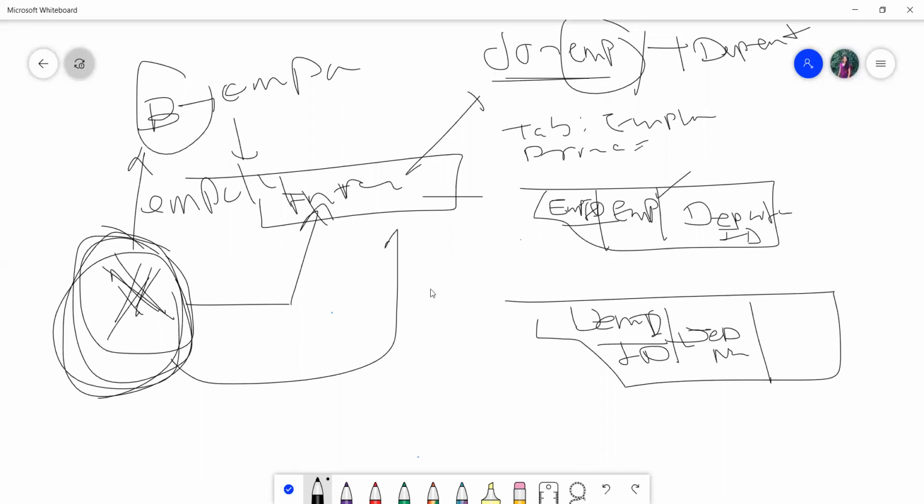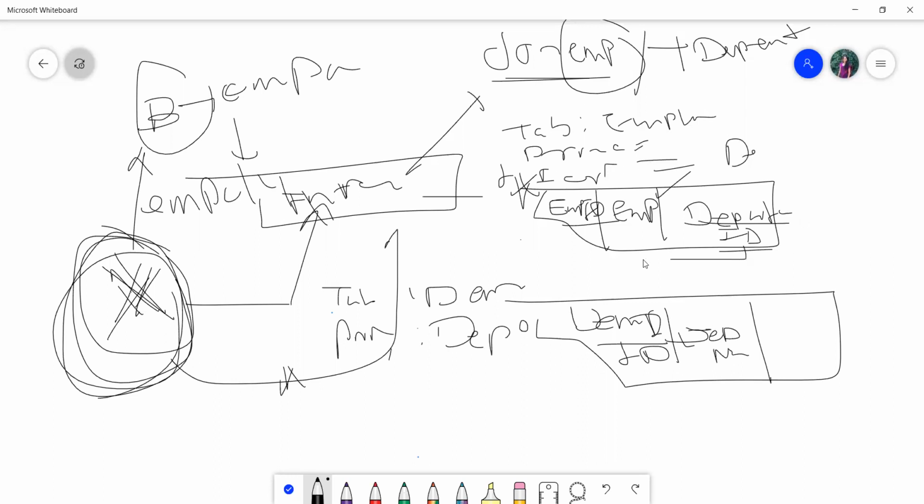Employee ID. When we consider the department table, what is the primary key? Department ID. Is there any foreign key in these two tables? Yes, department ID is the foreign key. Which table has the foreign key? The employee table has a foreign key, and the foreign key is department ID.